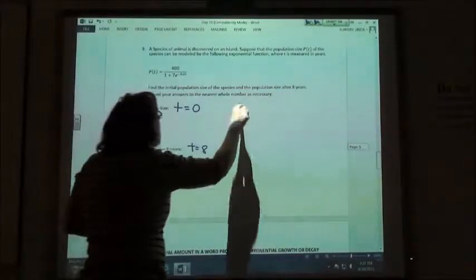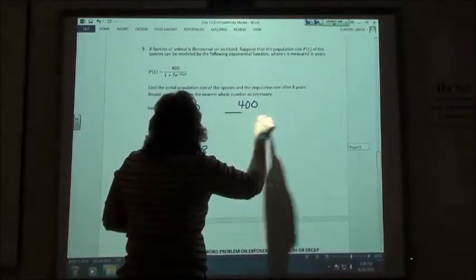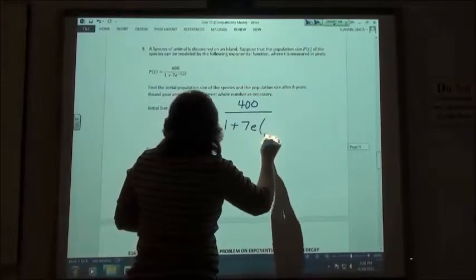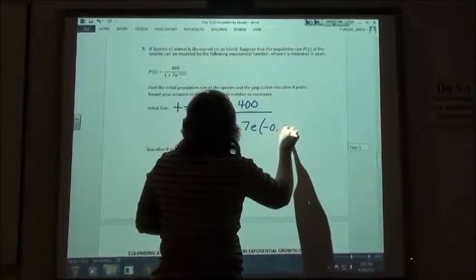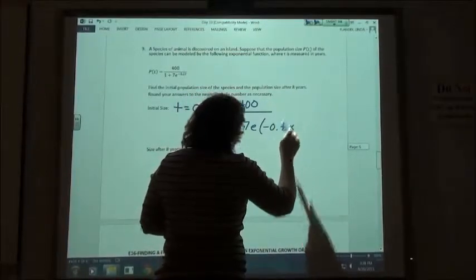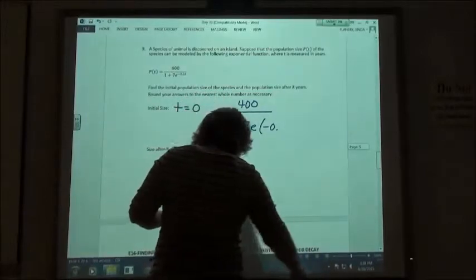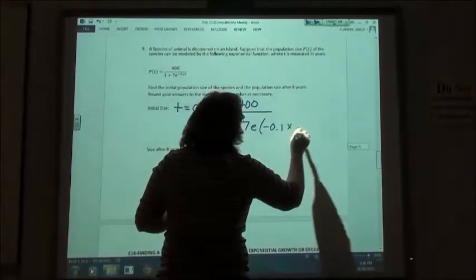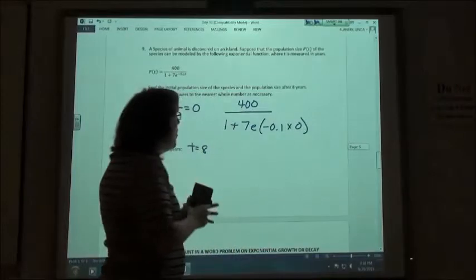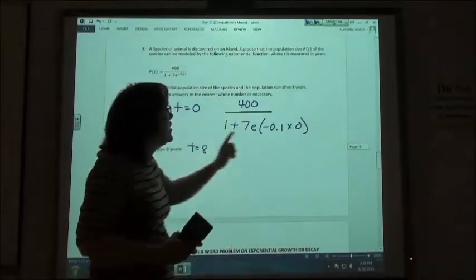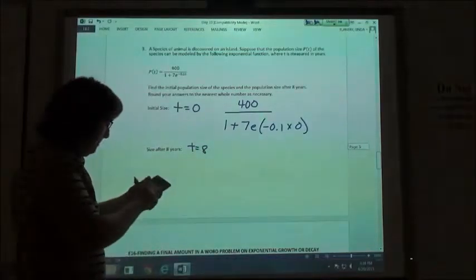So I'm going to have 400 divided by 1 plus 7e to the negative 0.1 times 0. Said 1, wrote a t because I was looking up there. 0.1 times 0. What I would do is calculate the bottom first, then do your division.